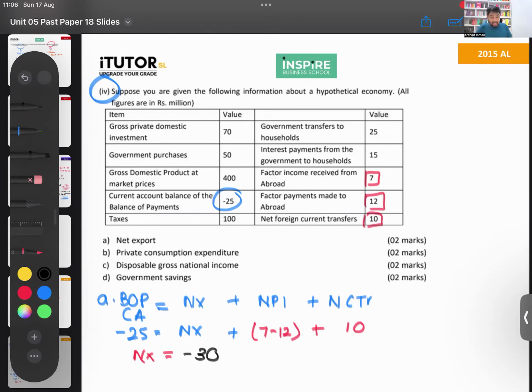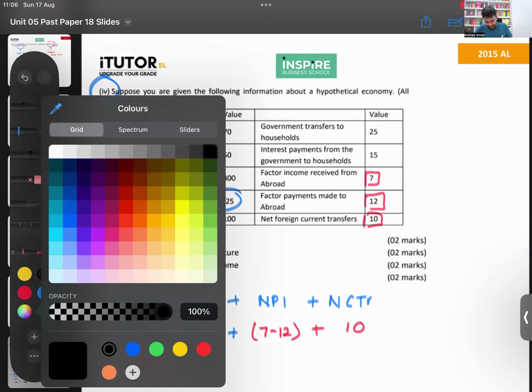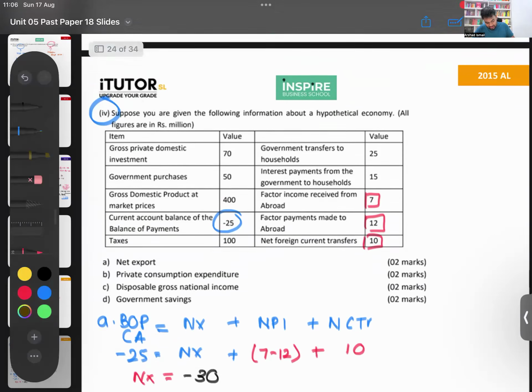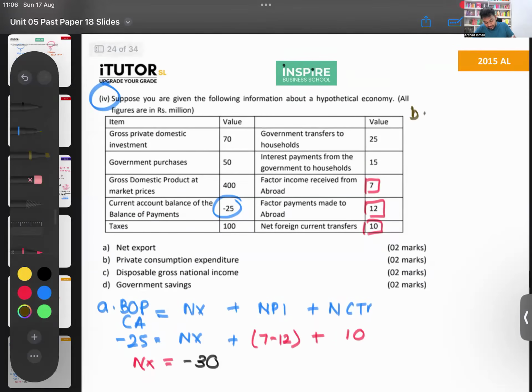Then part B is asking for private consumption. How can you get private consumption now? You have all your GDP components, expenditure on GDP. So how do you get that? For part B, you want private consumption. Private consumption plus government consumption, investment, net exports, that is GDP.